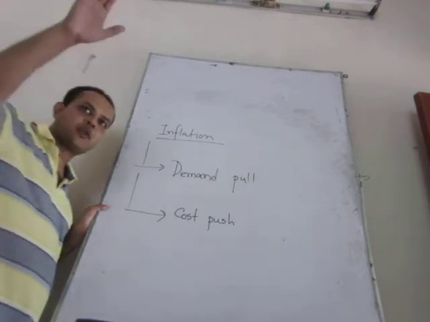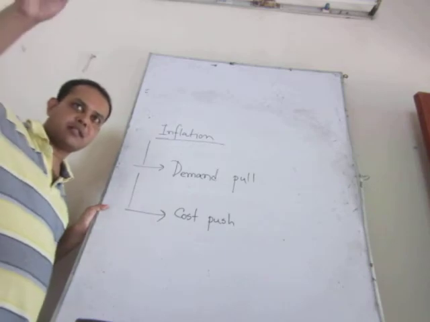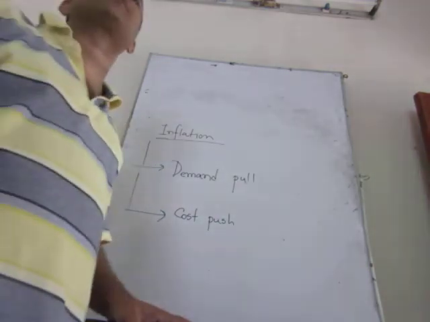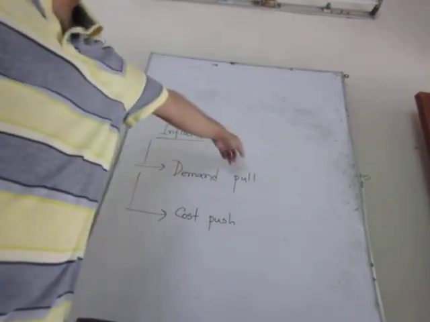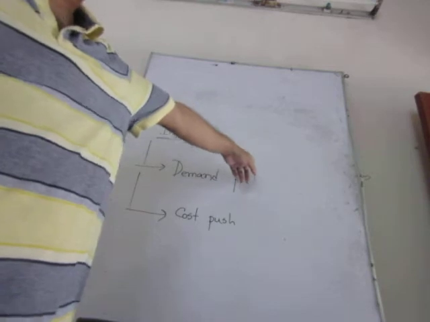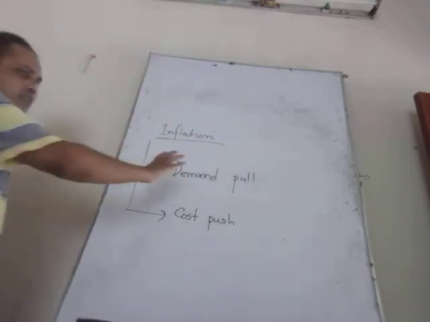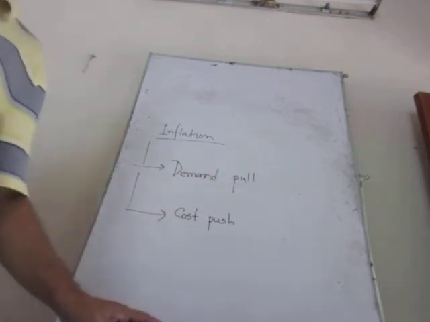When the production is lowered, supply is less, demand is high, inflation will be there. So these are the two different kinds of inflation that the government has to face in the case of taking monetary policies. Clear?